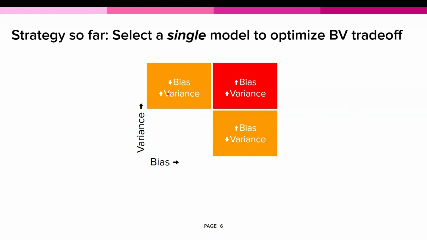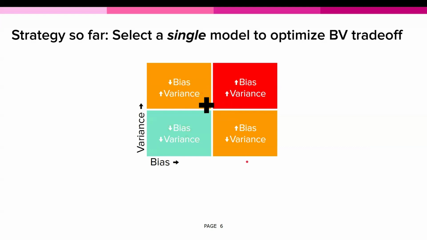So the regions that we've been exploring are one of these cases. And we've been trying to find that sweet spot through cross-validation that minimizes the test error by tolerating a bit of both. Now, of course, the ideal situation would be to have low bias and low variance.